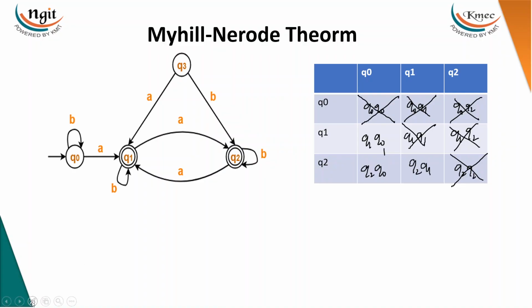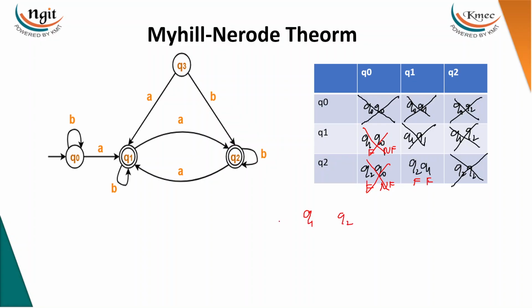Now by using the state equivalence method, whatever we have discussed just now, we can verify whether these two are equal or not. Q1 is final, Q0 is non-final, so not equal. Q2 is final, Q0 is non-final, not equal. Q2 final, Q1 final. Then you have to check whether these two are equal or not by doing like this.